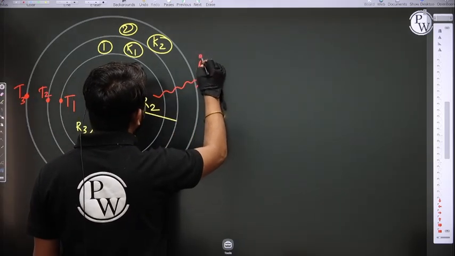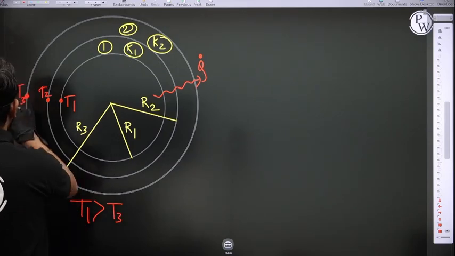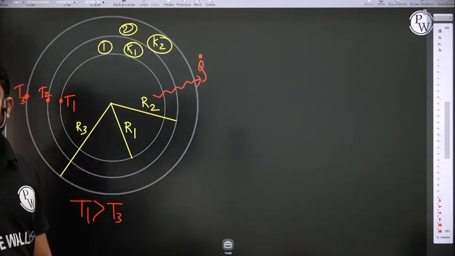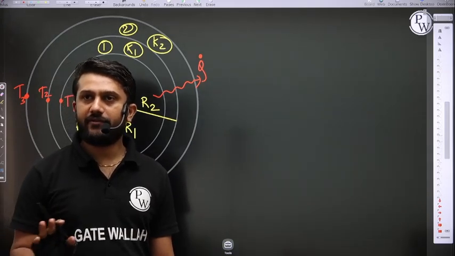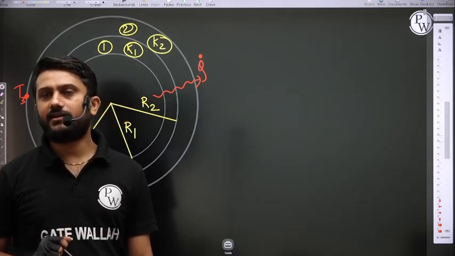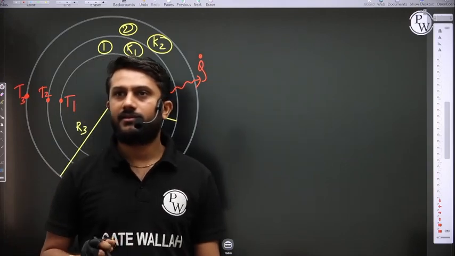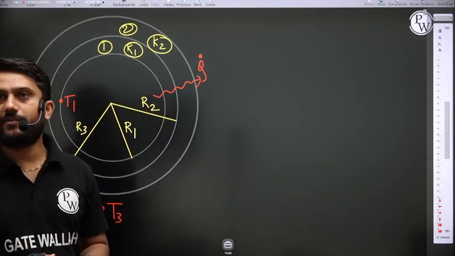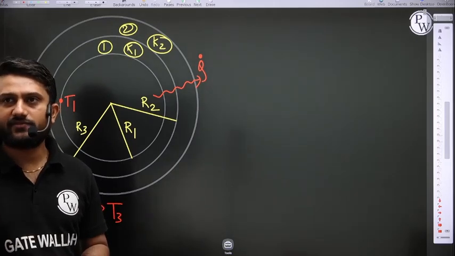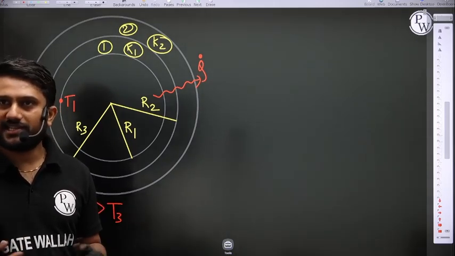So this is something like a series connection. The rate of conduction heat transfer from cylinder number 1 is equal to the rate of conduction heat transfer from cylinder number 2.